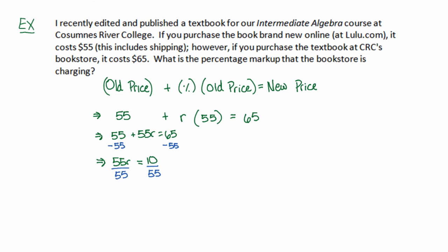On the left-hand side, 55 over 55 turns into 1. So that's essentially 1R, or in other words, R. And the right-hand side, well, that 10 over 55 will reduce, but when you're talking percentages, you usually rewrite this fraction first as a decimal representation, and then we'll change it to percentage form.